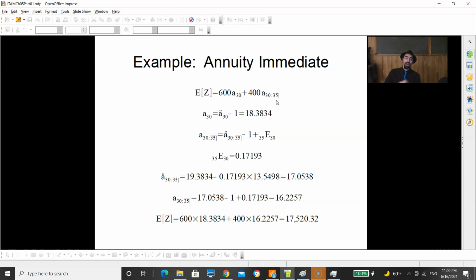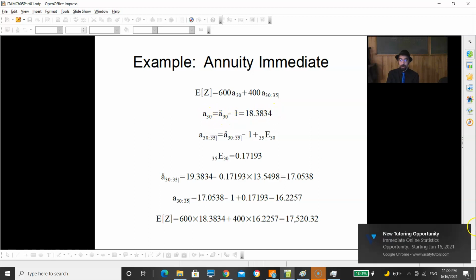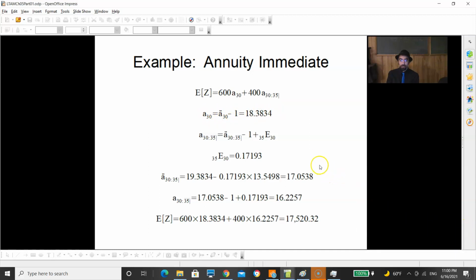So, assuming the standard ultimate life table can be used, we can just look up our formulas. We'll say a_30 equals ä_30 minus 1. And ä_{30:35} equals a_{30:35} plus 1 minus 35E30. We look up all our numbers. So 35E30, we can't just look up.